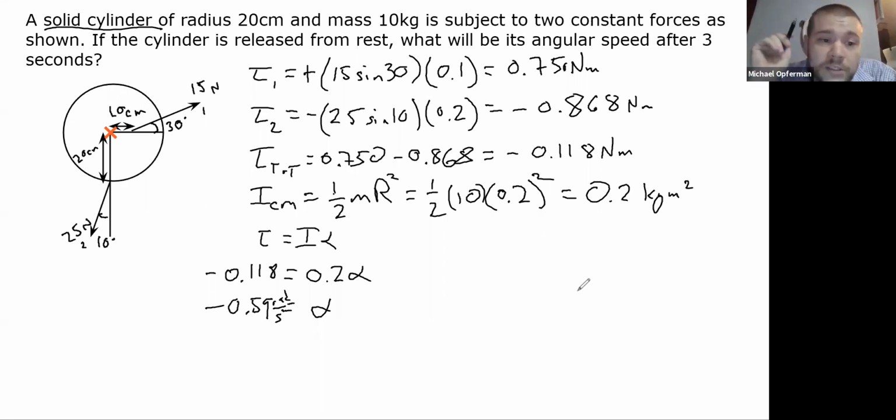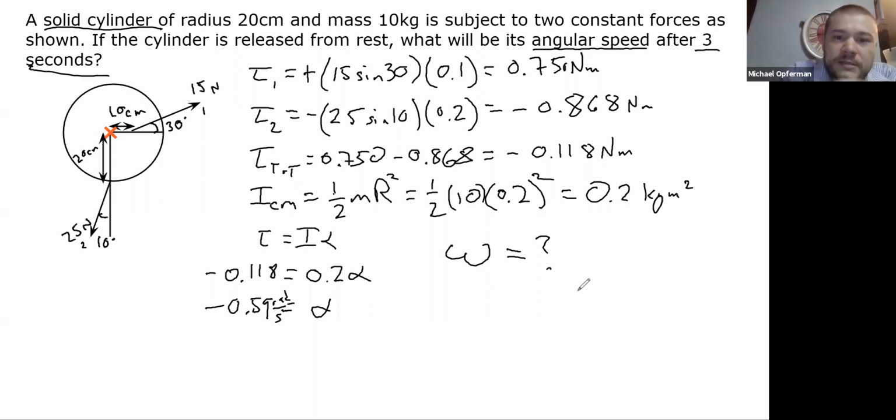Now, alpha is not actually what we were asked for. What we're actually asked for is the angular speed. So that's omega that they're looking for after 3 seconds have passed. And you might see what we're really being asked here is to set up a kinematic style problem, because we have constant forces, so that'll give us constant torques.